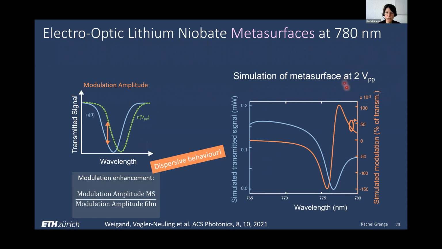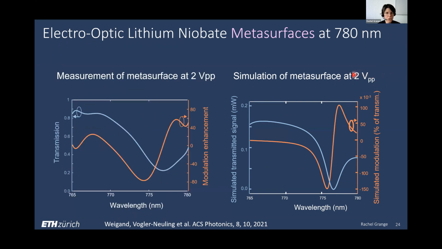This was a simulation with 2-volt peak-to-peak applied, so really low voltage. There was previous work on metasurfaces applying 600 volts to see anything. But here we're just applying 2 volts, and you see that those are the measurements. We have the transmission here, which has a well-fitted dip at 776, and the steep modulation enhancement here at the derivative.